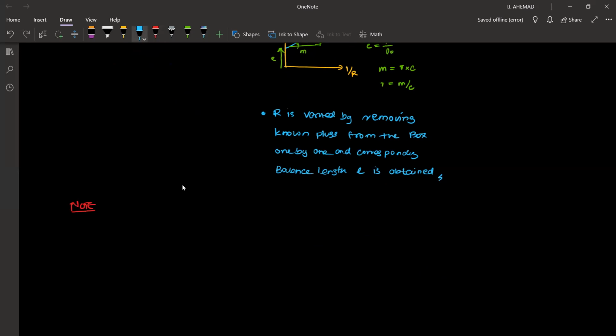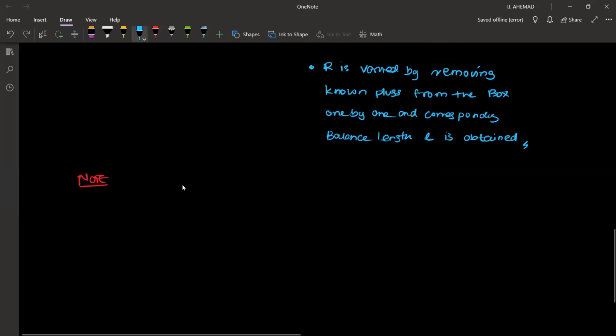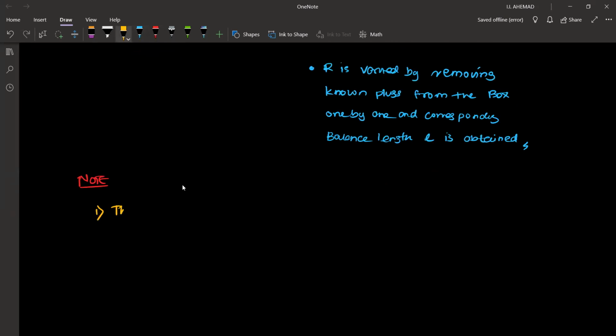Note number one. The galvanometer deflects for the current between the circuits.